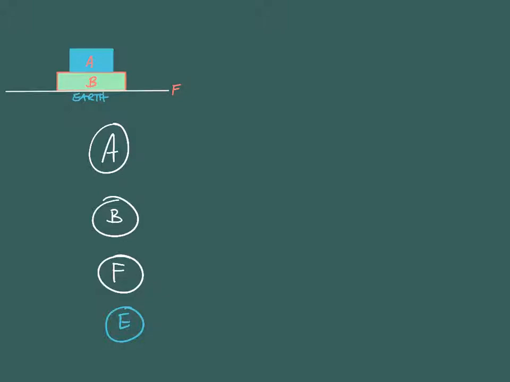So what we can do is we can just have contact forces. Because they're actually touching one another. So anytime objects within the system or systems are in physical contact, then that means there's going to be a contact force.